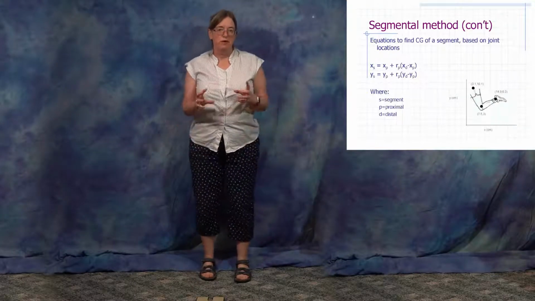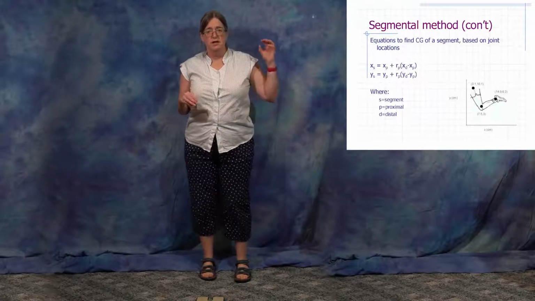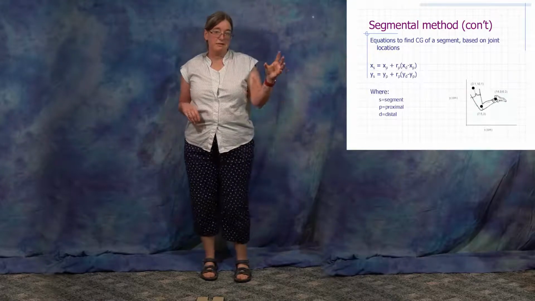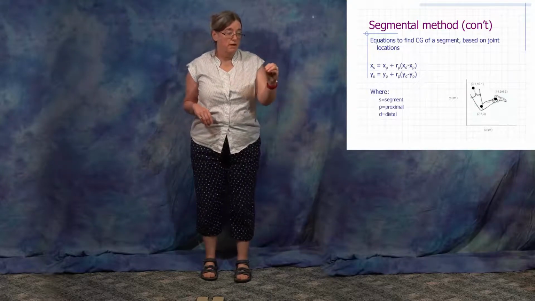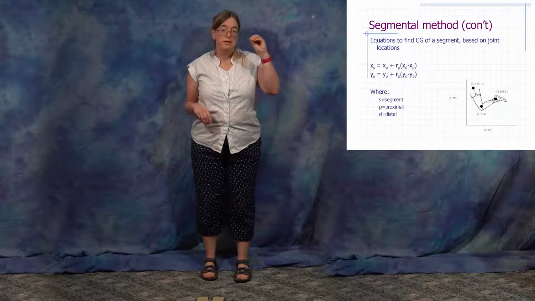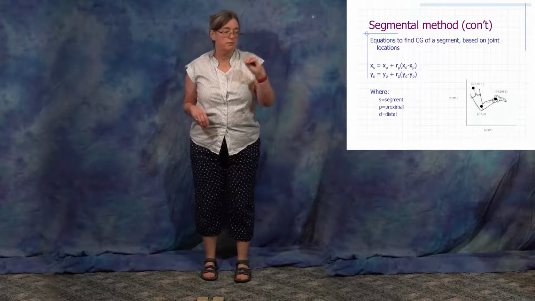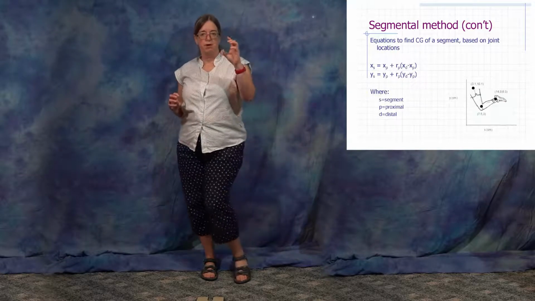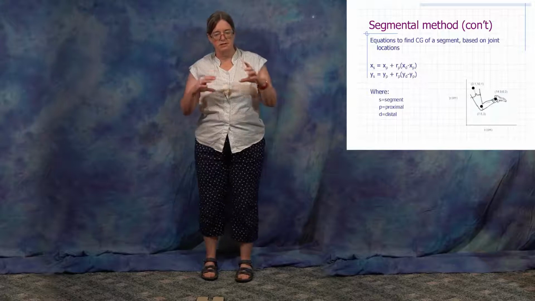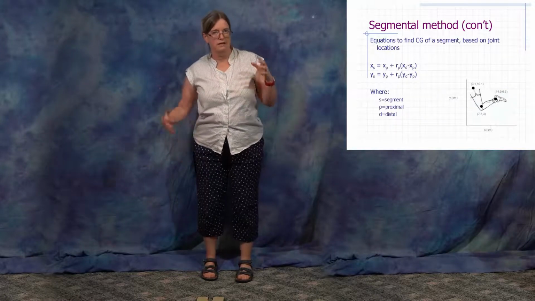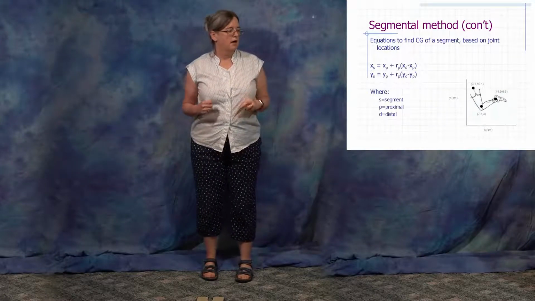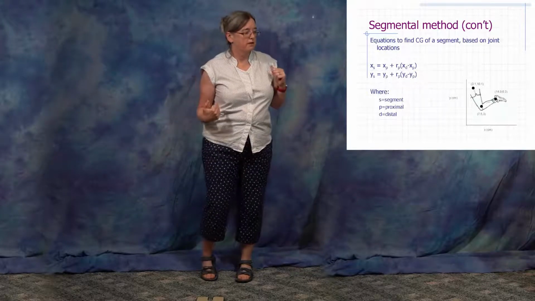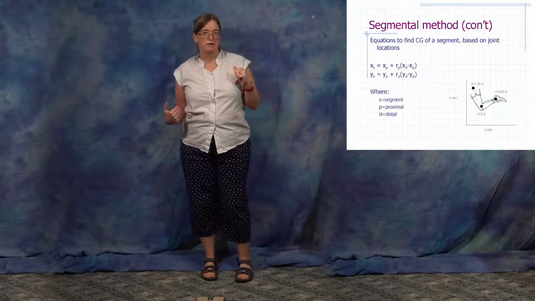So we have very clear equations. If we want to find the X segment center of gravity, it equals the X coordinate of the proximal end plus that RP, which we just talked about in the last lecture, that's that location of the center of gravity as a fraction of the segment length, times the X at the distal end minus the X at the proximal end.